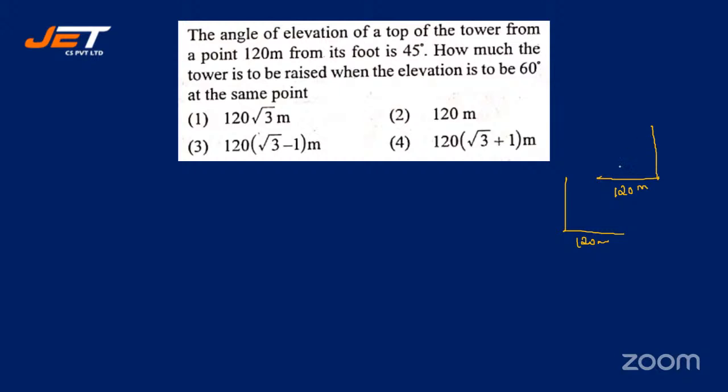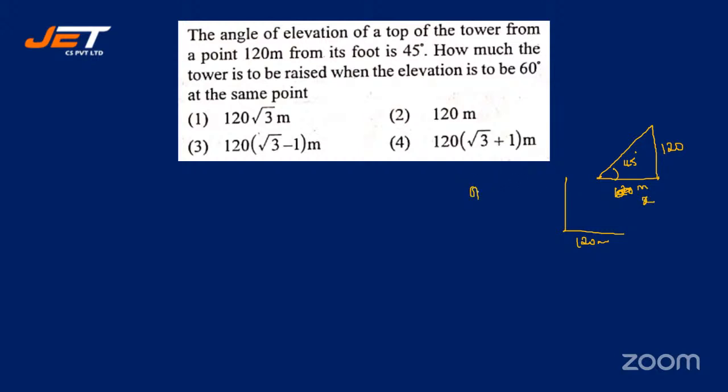Okay. So we don't have the hypotenuse here. So it is 45 degrees. Okay. So he says this is 120 and this is supposed to be the one that we need to find out. So we are assuming this to be x.